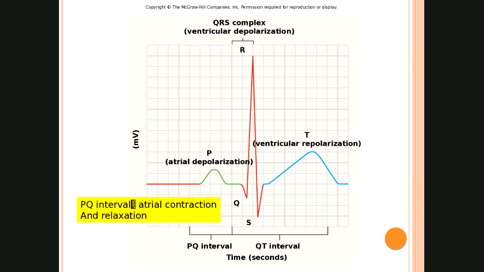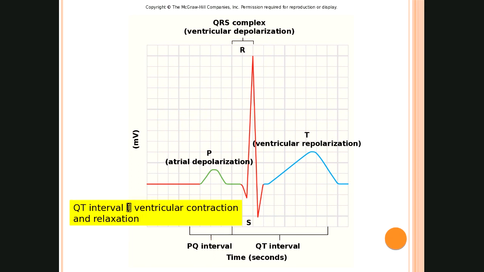The PQ interval is the interval between the P curve and the Q curve, and that is showing you atrial depolarization and atrial repolarization, so both events at the atria. On the other hand, the QT interval is the interval between the QRS and the T waves, right here, and that is showing you ventricular contraction and relaxation, meaning ventricular depolarization and ventricular repolarization.